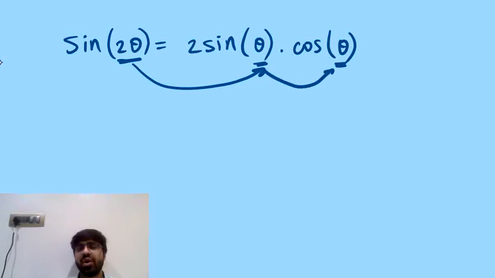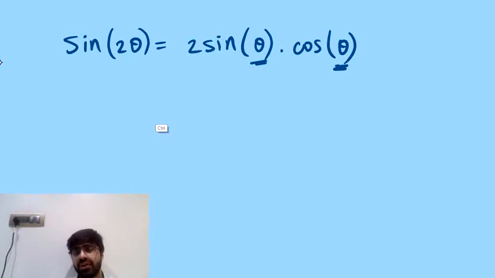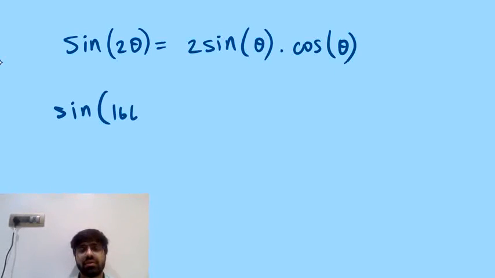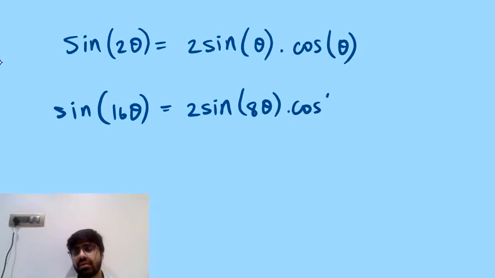So you can apply this formula with whatever angle you have, just that when you are applying this formula, the angle on the right will be half of whatever angle you have on the left. So say for example I ask you sine of 16 theta. You can write it as 2 sine half of this angle. So 2 sine 8 theta cos 8 theta.